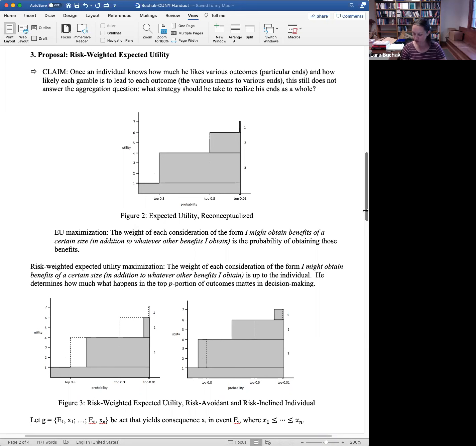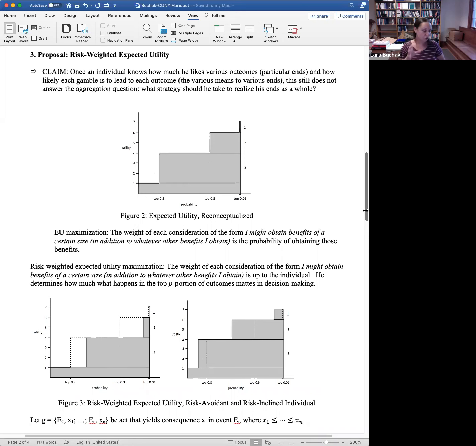Now, means-ends rationality is really easy when you're certain about what the world is like. For example, I want a beer, there's a beer in the fridge. What would be means-ends rational would be to go to the fridge, open it, and take the beer. But it's actually trickier to say what it is to be means-ends rational if we don't know how the world is going to turn out.